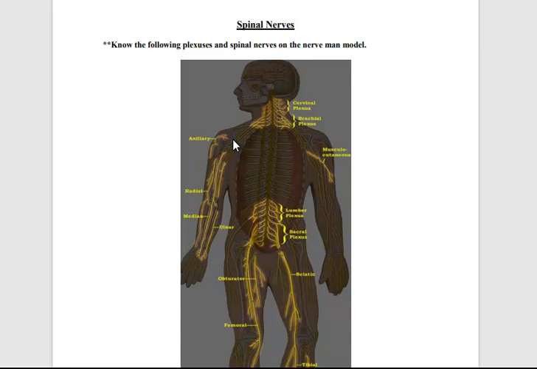You guys remember that your armpit is your axillary region. So you're going to have the axillary nerve, spinal nerve, coming out in that area. And then the radial nerve is going to come down towards the thumb. And it took me the longest time staring at this picture to figure out what the heck's going on, because here's the guy's thumb.